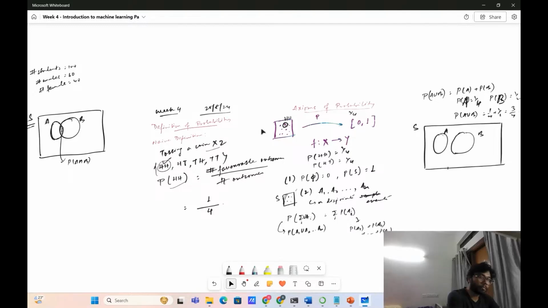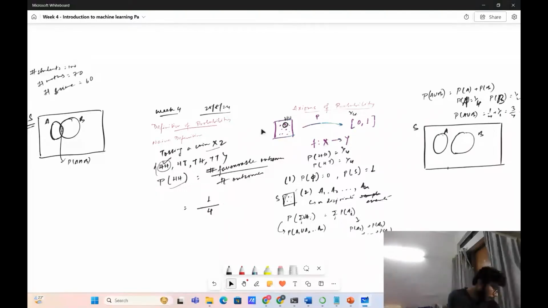Okay. Forget about it. So let's say A represents the number of students who have passed in maths. Let's forget the male-female example. So the number of students who have passed in maths is, let's say, 70. Number of students who have passed in science.